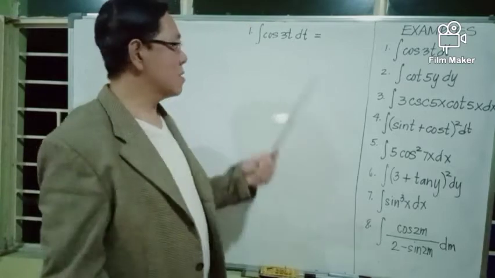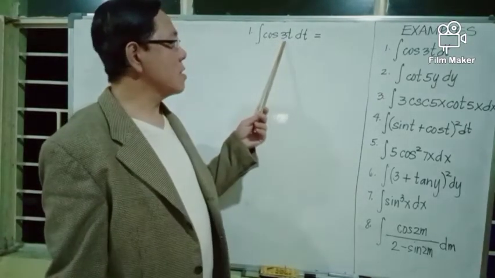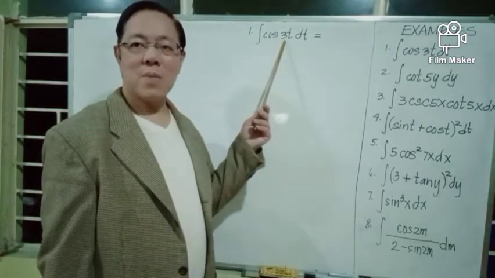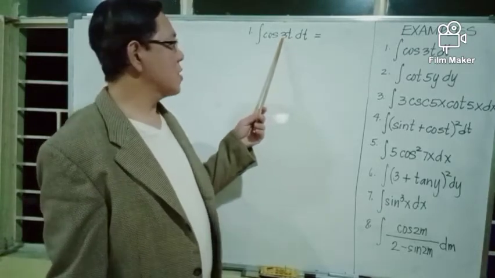Now you can see that the angle of cosine is not a single variable. The variable t has a coefficient of 3.